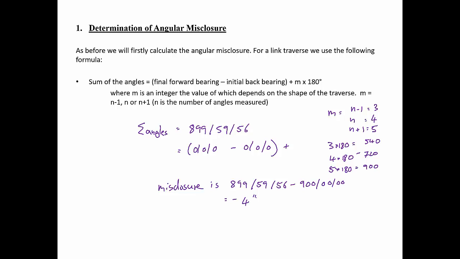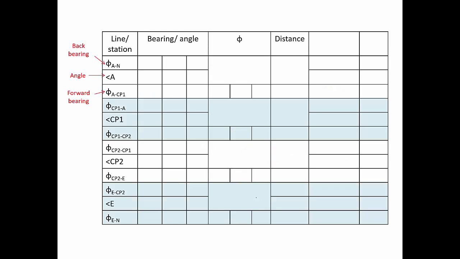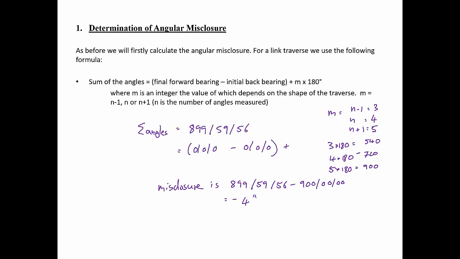So we need to distribute that evenly over each of the angles that have been measured, and I'm going to do that as I put it into the traverse booking sheet. Because you've got a misclosure of minus 4, and you've got 4 angles, the correction is going to be plus 1 second for each of those angles.